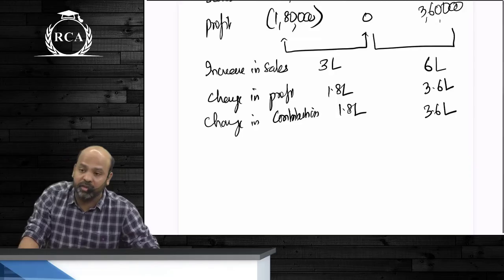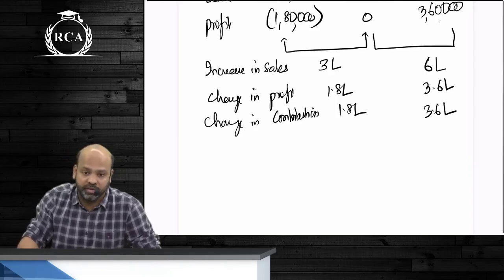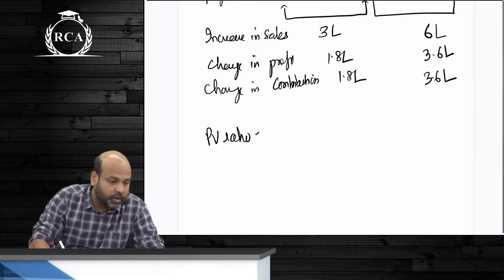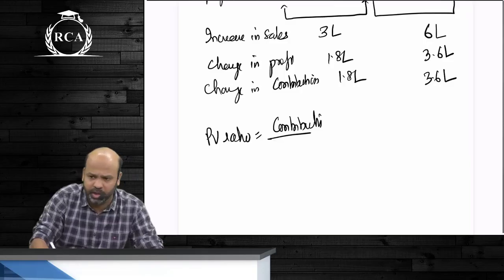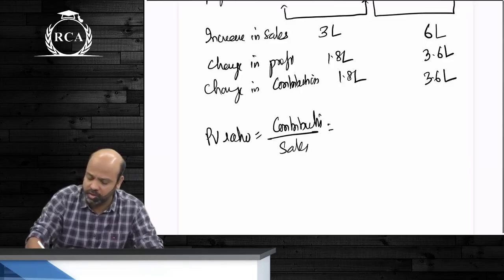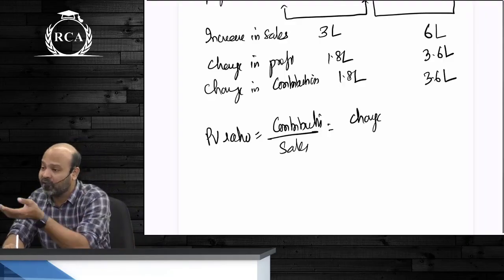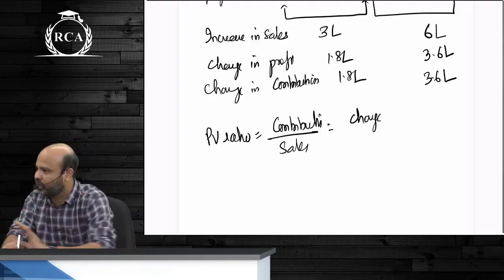So whenever they give us directly profit figures and sales figures, guys, how are we going to compute PV ratio? We know PV ratio is contribution divided by sales. Whatever you do, beta, this is not going to change. Whether I do it on a per unit basis or for any level of sales, the answer is going to remain the same.